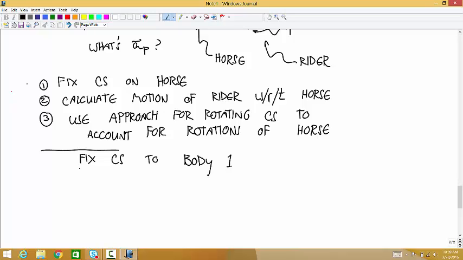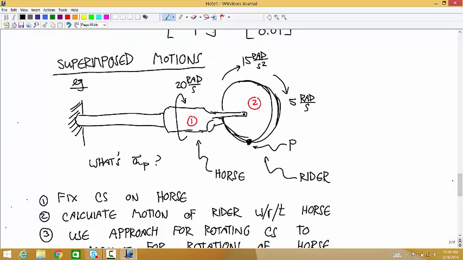And then calculate the acceleration of P that's observed by the coordinate system.